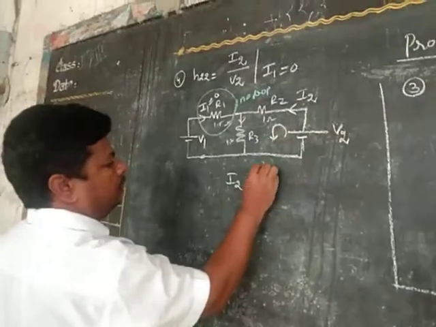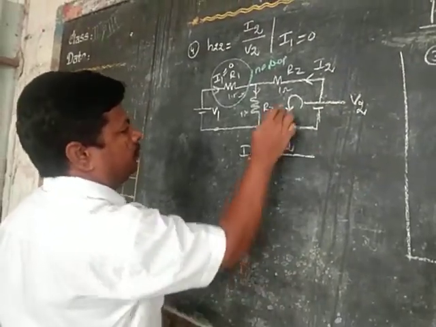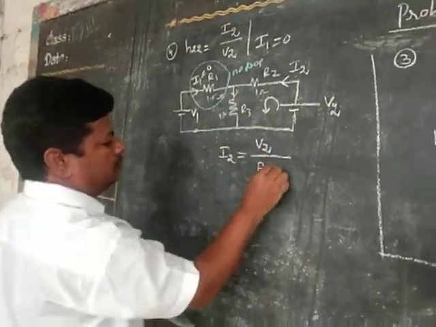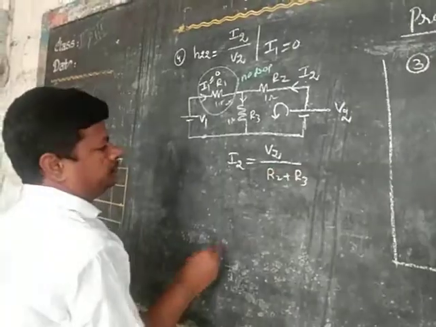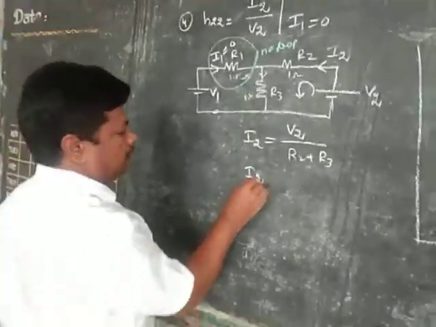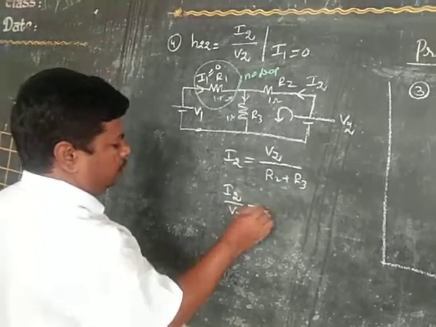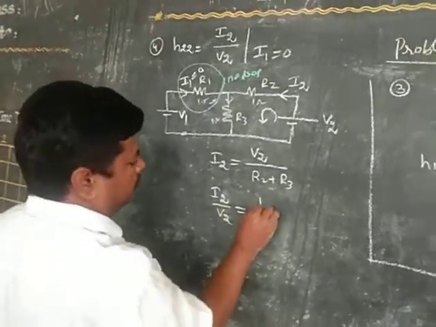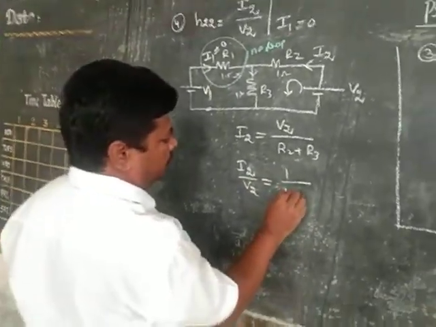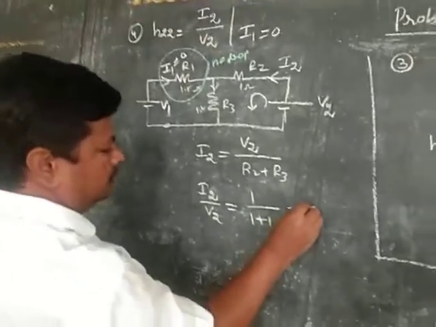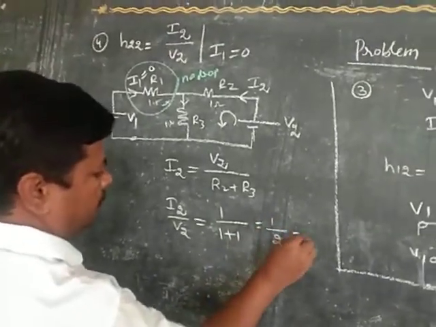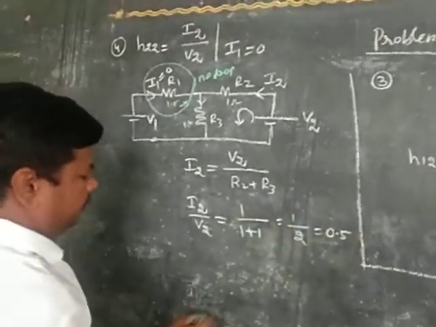I2 is equal to V2 by R2 plus R3. So from that, I2 by V2 is equal to 1 by 1 plus 1, that is equal to 1 by 2, 0.5.